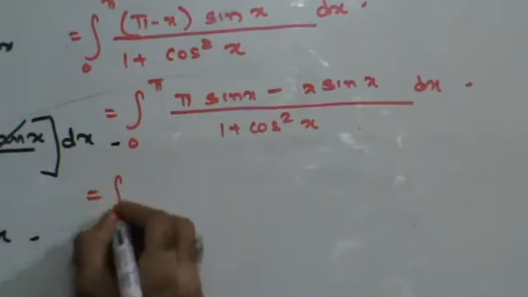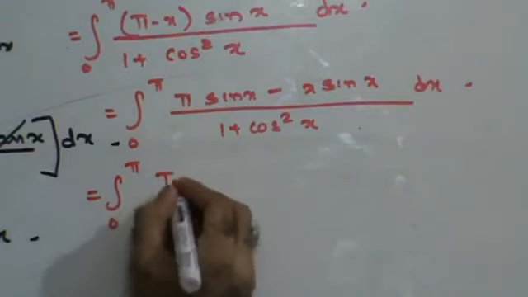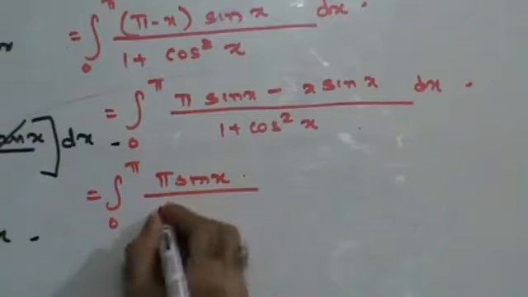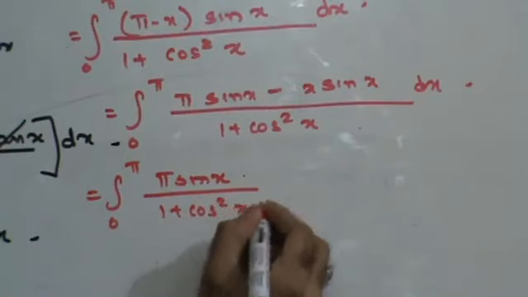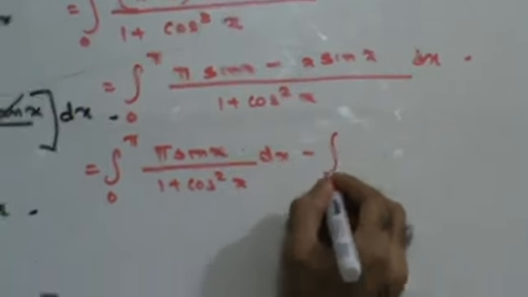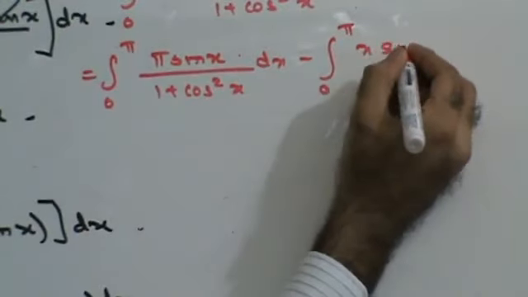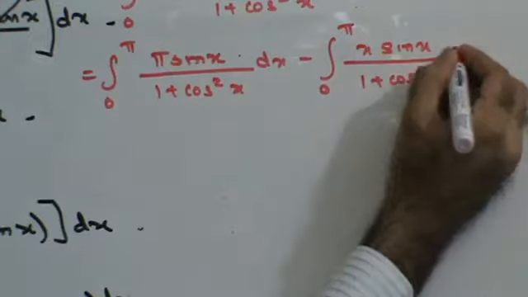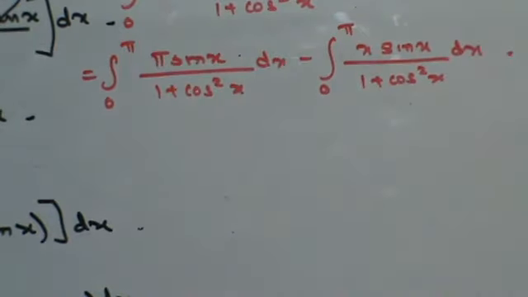With the numerator, that's integral of 0 to pi pi sin x upon 1 plus cos square x dx minus integral of 0 to pi x sin x upon 1 plus cos square x dx, right?